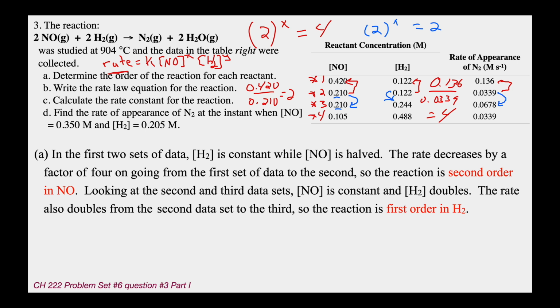NO is halved. So 0.420 going to 0.210 would be a factor of 1/2. And the rate decreases by a factor of 4. So that means 0.0339 divided by 0.136. So 1/2 to the x equals 1/4. X has to be second order.